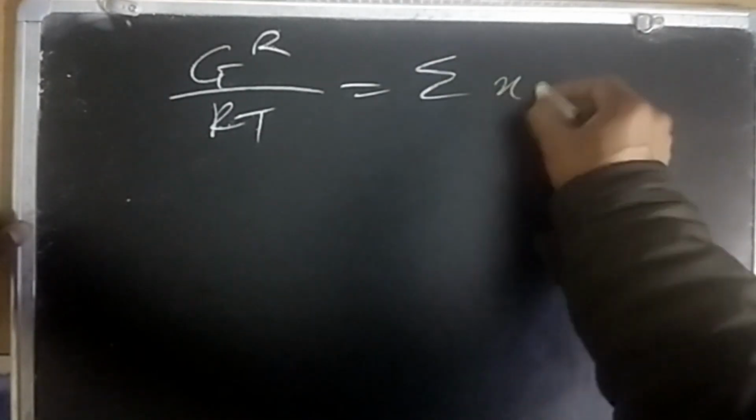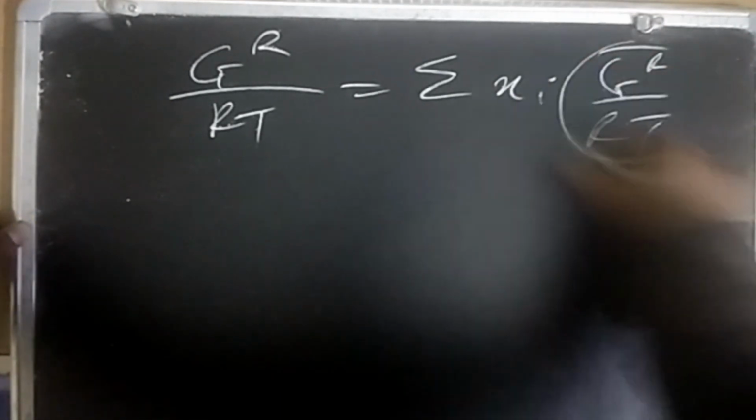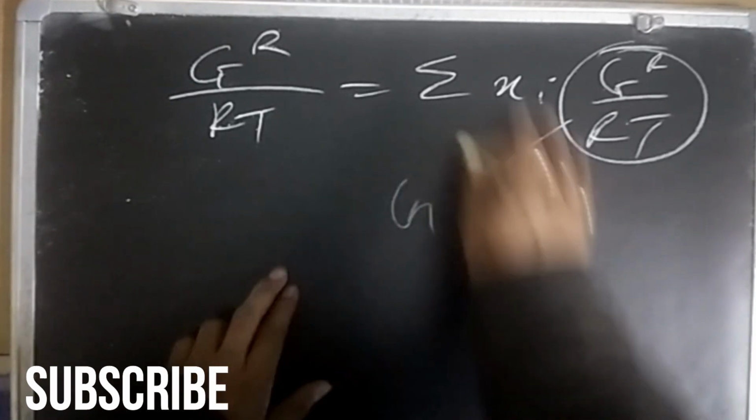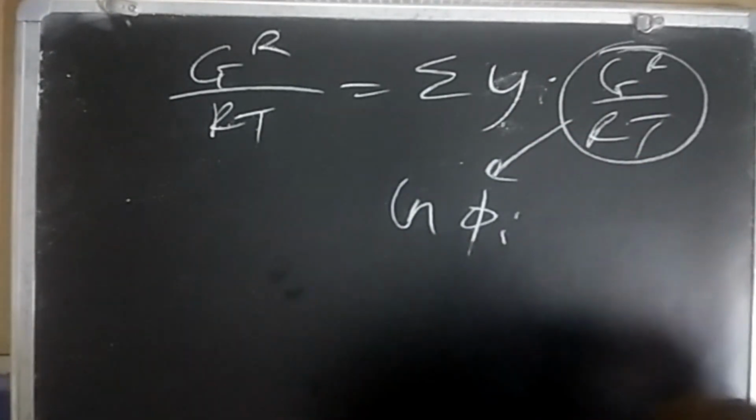For gases, instead of the activity coefficient we have the fugacity coefficient. So Gr by RT is the summation of xi into Gr bar by RT, and instead of gamma i, this is not x, this is y because it is a gas, we can write ln phi i.